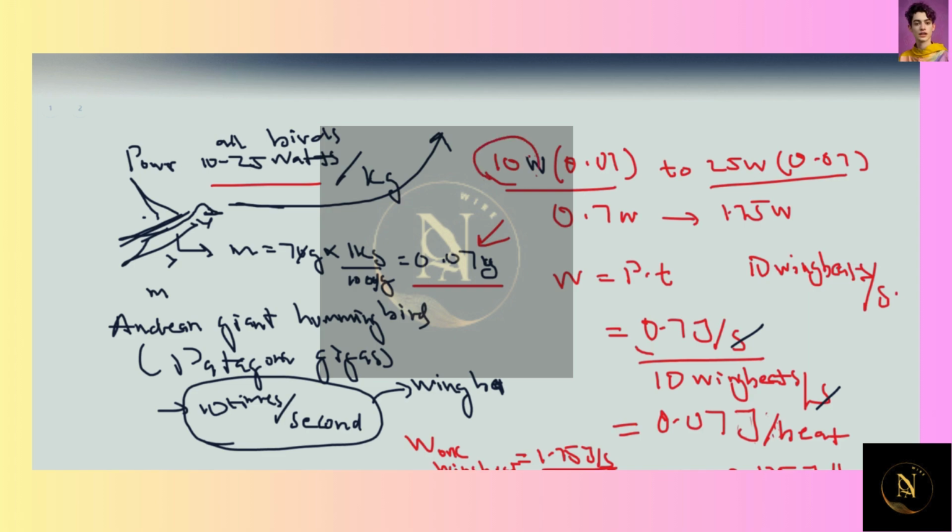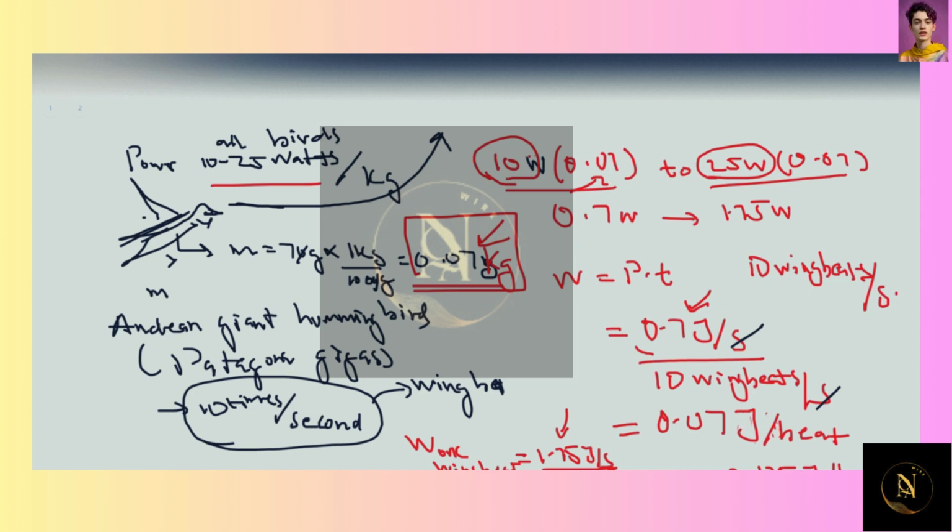We take the two different ranges, the 10 watts and the 25 watts. We change that to relative power by multiplying by the weight of the bird, which is 0.07 kilograms. And we get a range of 0.7 joules per second and 1.75 joules per second.